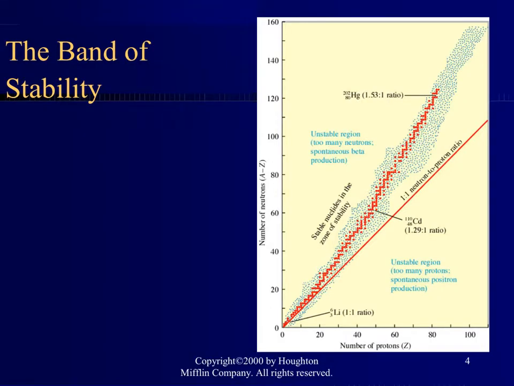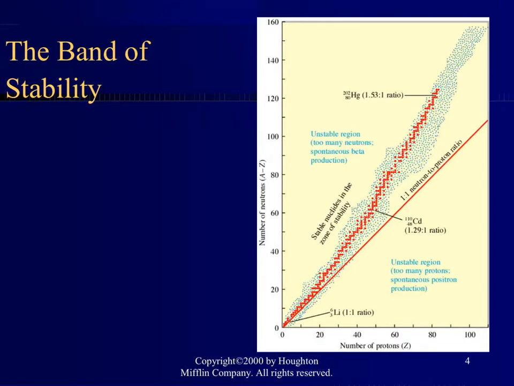Now here is a graph. It's called the band of stability. On the bottom, the number of protons are on the X and the number of neutrons are on the Y. When they plotted protons versus neutrons, this solid straight line is what it would be if it was a 1-to-1 ratio between protons and neutrons.